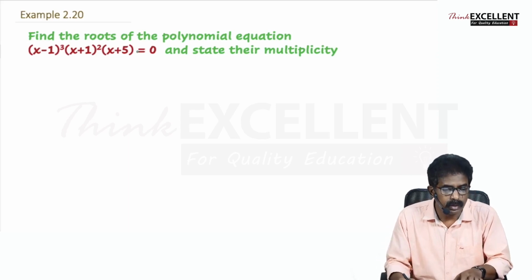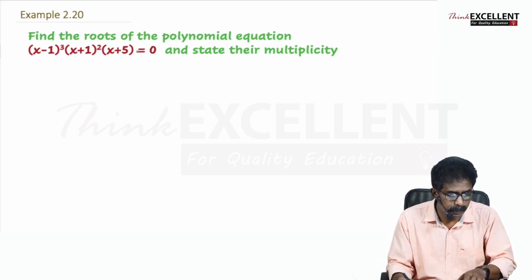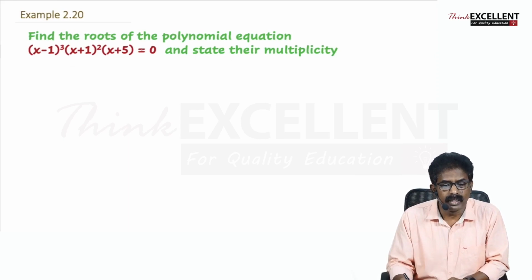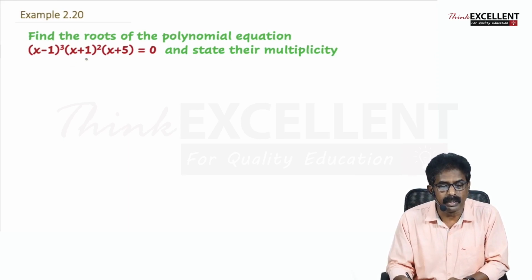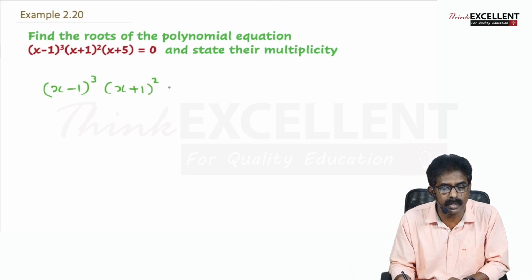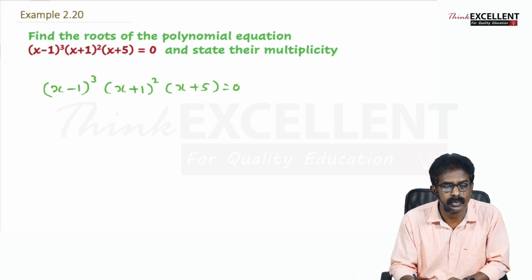Okay. So look at this question, see what is given here. Find the roots of the polynomial equation. Right side is 0. Already it is the factorized form. The given question is x minus 1 the whole cube into x plus 1 the whole square into x plus 5 equal to 0. So you are getting 3 possibilities.